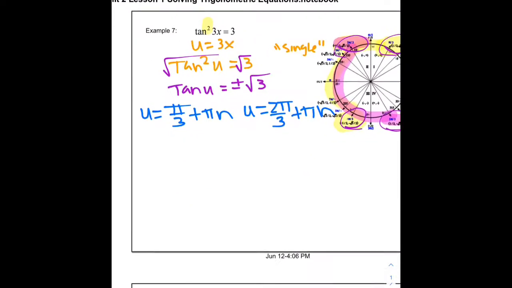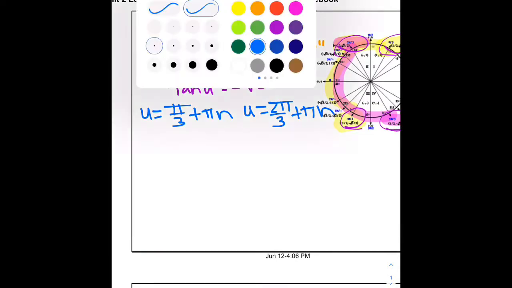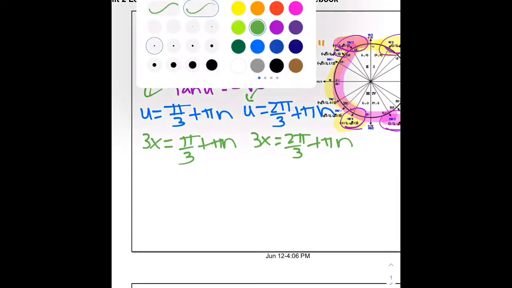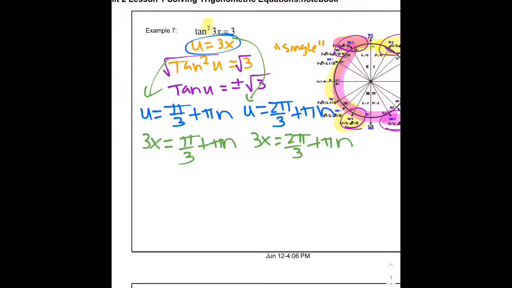All right, so now, just like we did in the previous problem, we know that u is equal to 3x, and so we're going to go back and substitute that value back in for u. Next, we're not concerned about what 3x equals. We want to know what x equals. So you can divide everything through by 3 or multiply by 1/3.